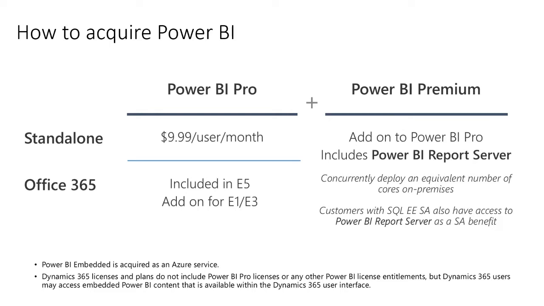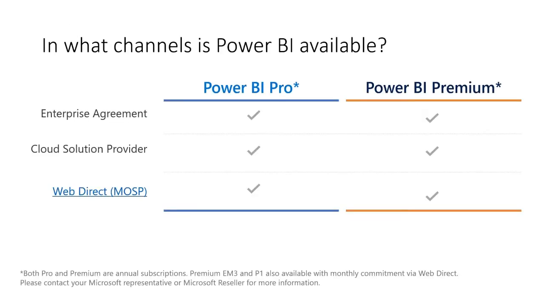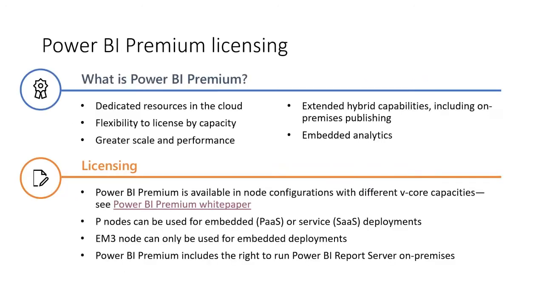You can also get the Power BI Report Server if you have SQL that has Software Assurance on it. This would give you those functionalities. These are a few of the channels where you can purchase.